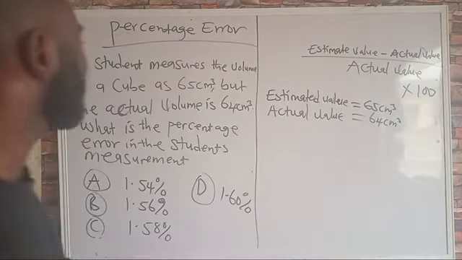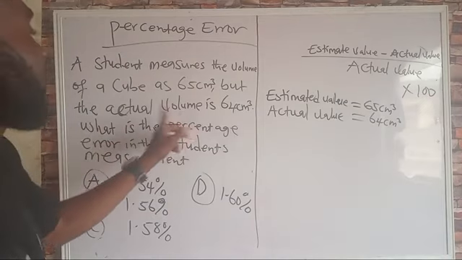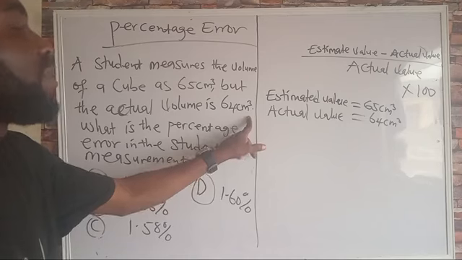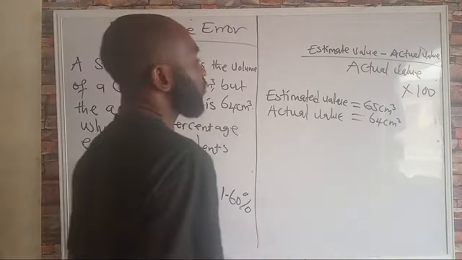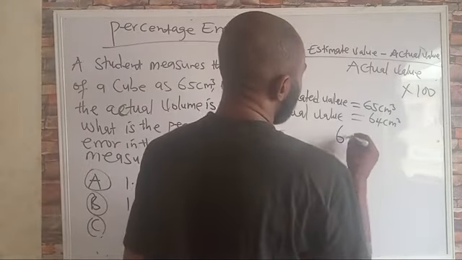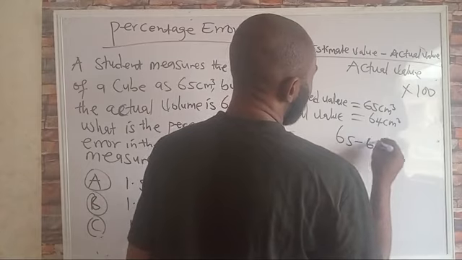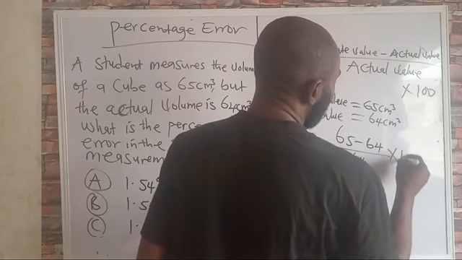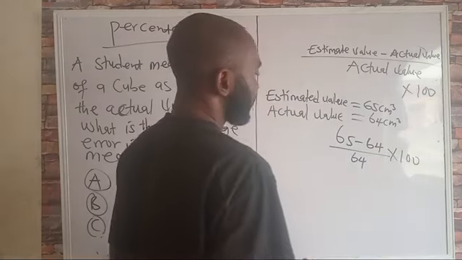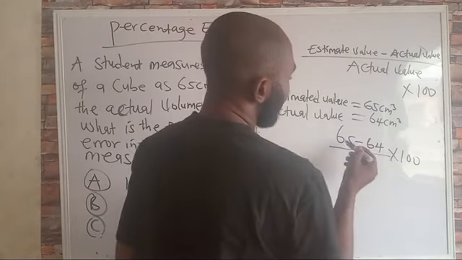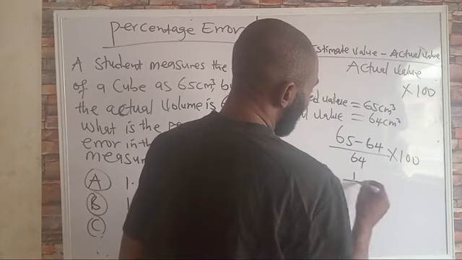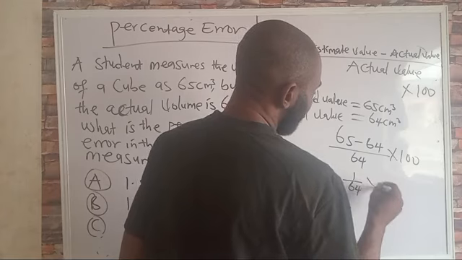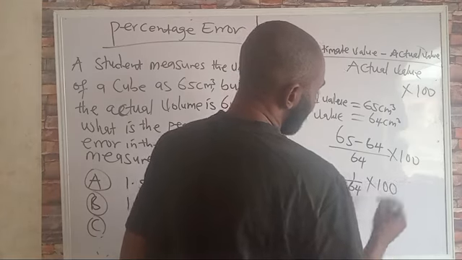From the question, see it here, the actual volume is 64 cm³. So plugging back into the formula, we have 65 minus 64 all over 64 times 100. Okay, 65 minus 64 will give me 1 all over 64 times 100.